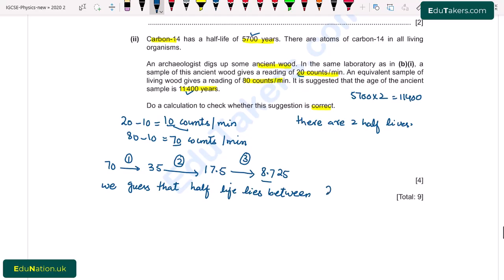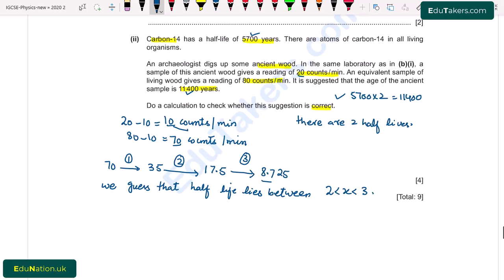So I write here 2 is less than x, and it is less than 3. So our assumption that the number of half-lives is 2, or that it might be between 1 and 2, with an age of 11,400 years, is a wrong assumption.